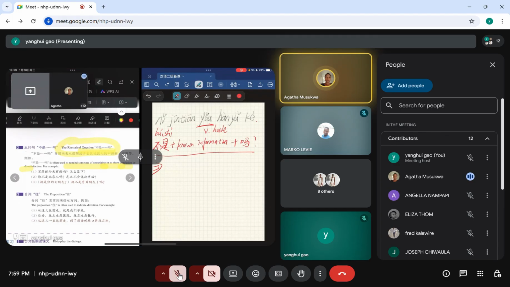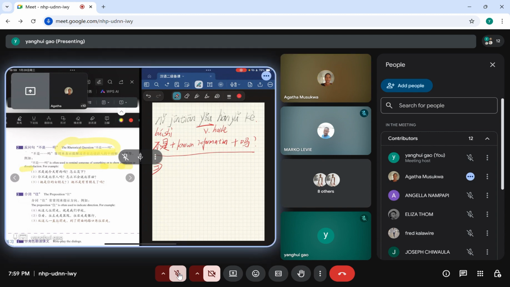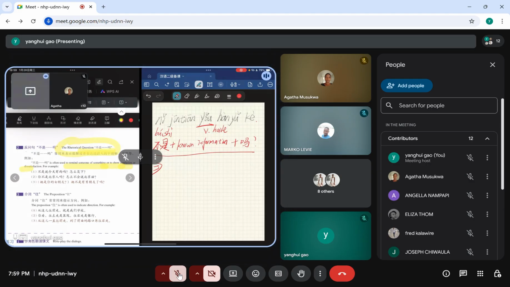Maybe it should be 你不是今天有汉语课吗? That's right. Here 今天有汉语课 is known information, and 有汉语课 is also known information.